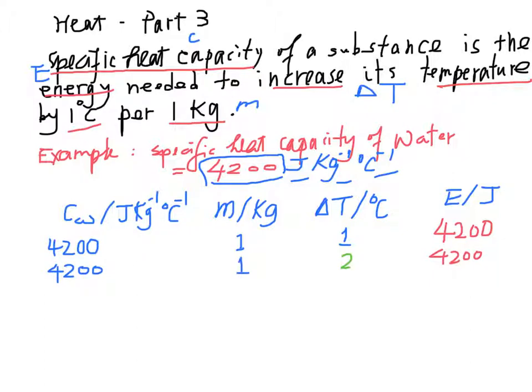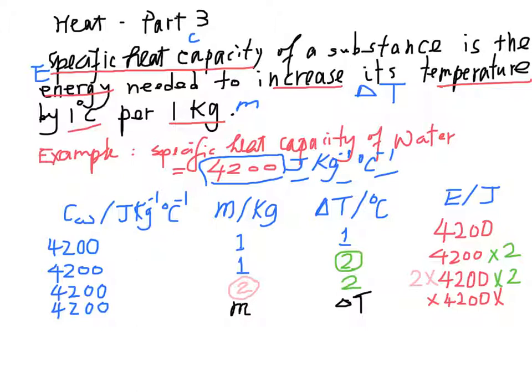If now we increase the temperature of 1 kg of water by 2 degrees Celsius, the energy needed would be 4,200 times 2 joules. If now we want to increase 2 kg of water by a temperature of 2 degrees Celsius, the energy needed would be 2 times 4,200 times 2.